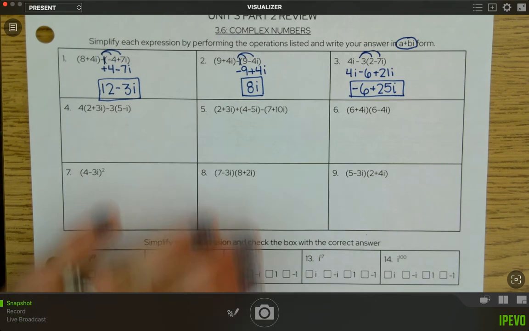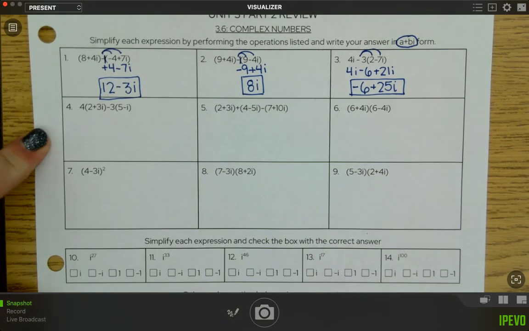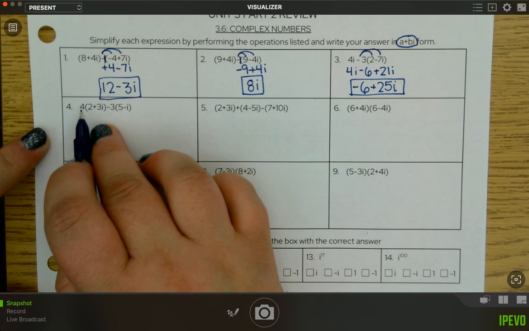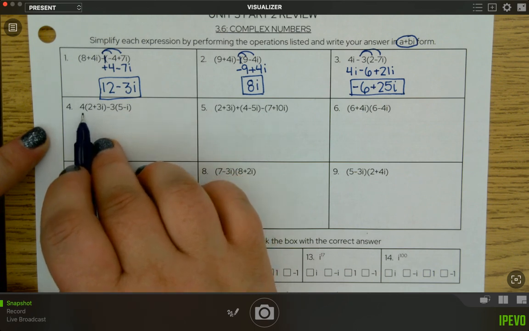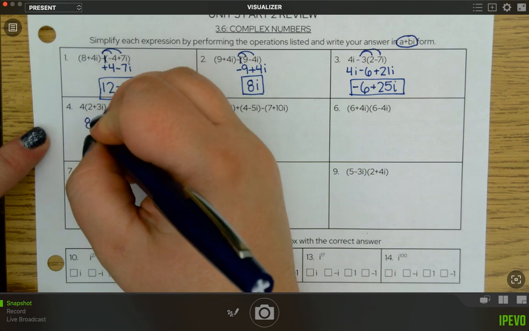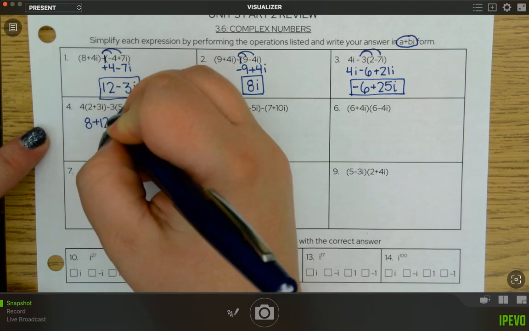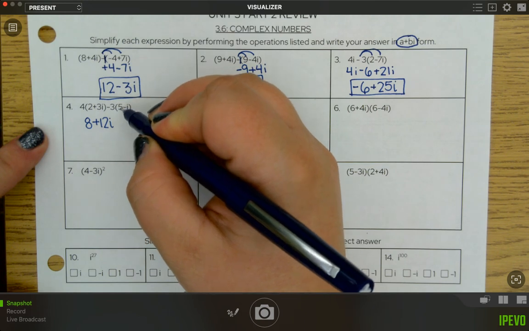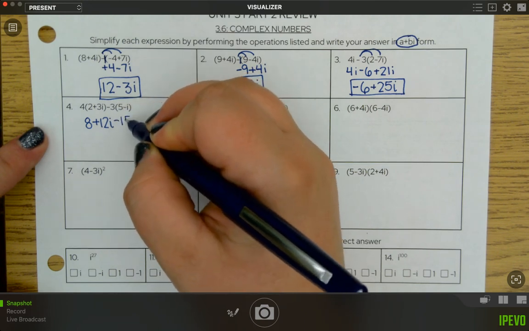And to top off our adding and subtracting, let's do 4 and 5. For 4, there's a 4 out front. That was not on purpose, but there's both 4s. So we're going to multiply that. 4 times 2 is 8. 4 times 3i is 12i. And then multiply the -3 times 5 is -15.